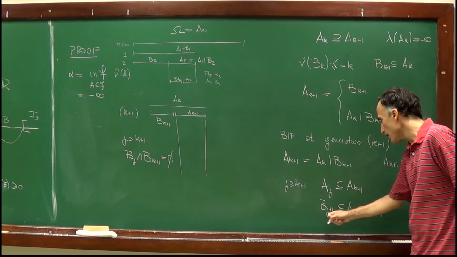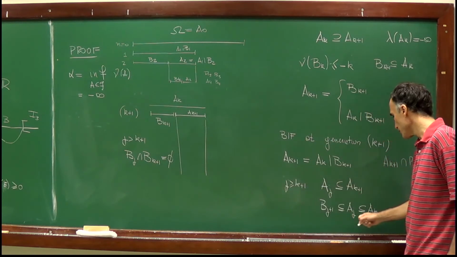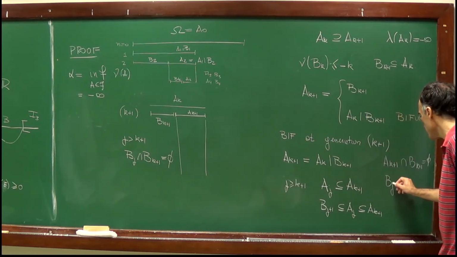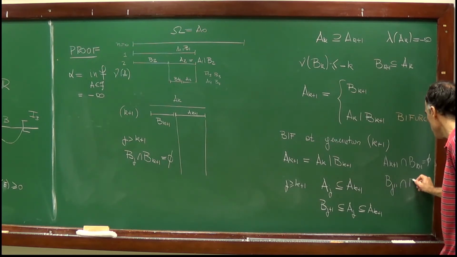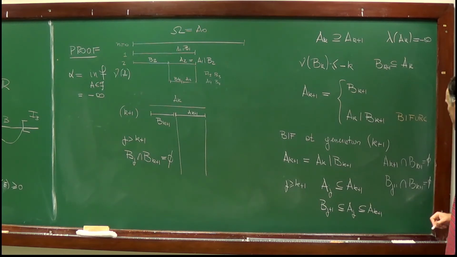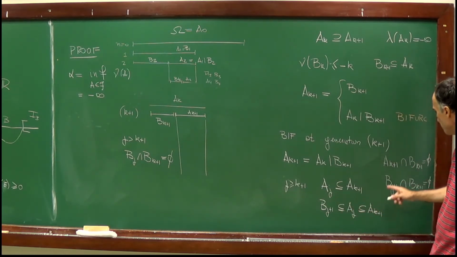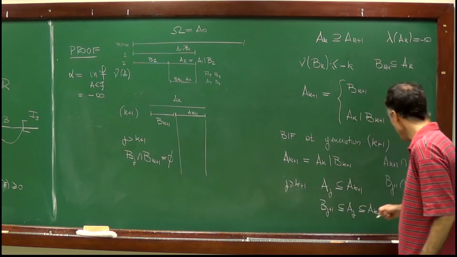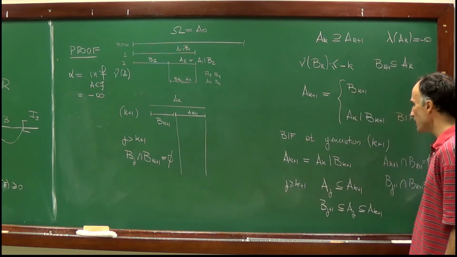But since B_{j+1}, if j is larger than k+1, is contained in A_{k+1}, we also have that B_{j+1} intersection B_{k+1} has empty intersection, right? B_{j+1} is contained in A_{k+1}, and A_{k+1} has no intersection with B_{k+1}.